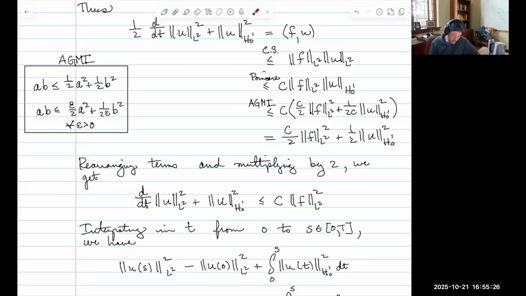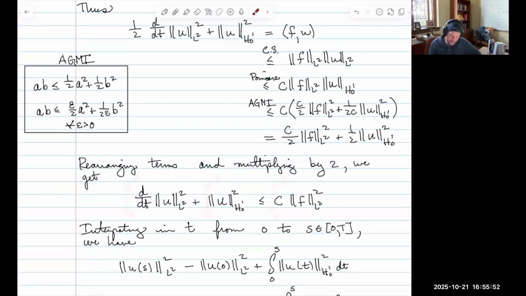Next step is we're going to integrate this inequality in t from 0 to some time instant s in the interval 0 to t. I'm just going to do the integral from 0 to s everywhere.